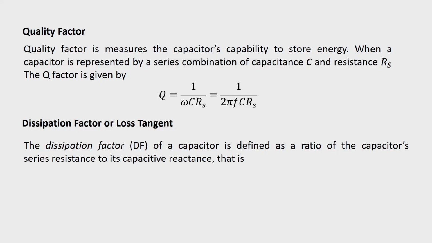The dissipation factor or loss tangent of a capacitor is defined as the ratio of the capacitor's series resistance to its capacitive reactance, and this is given by Rs divided by 1 by omega C, that means omega C Rs, which is 1 by Q, and that is equal to tan delta.